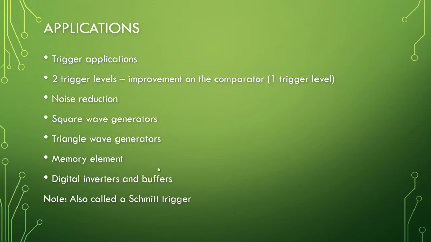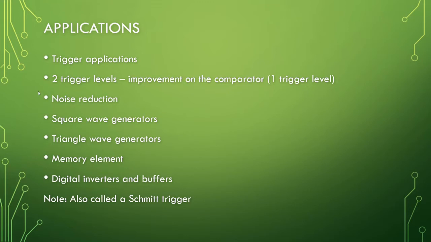Okay, so application of a bistable is typically a trigger. And they have two triggering levels, not just one like the comparator has. The comparator is on or off either side of some reference voltage.